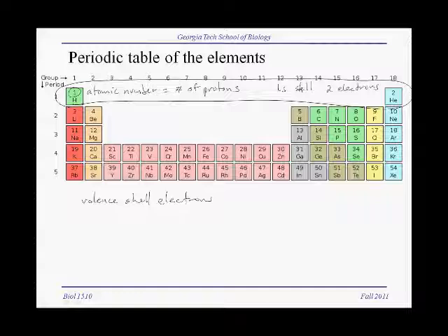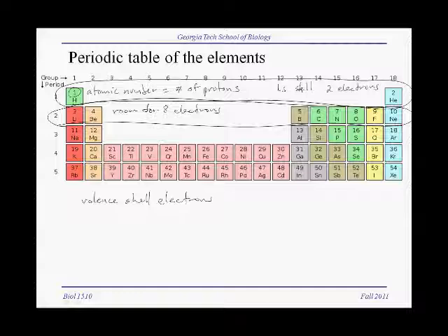And the second energy level of electrons in this row has room for 8 electrons at this energy level. So lithium has 2 electrons in the innermost energy level and fills that innermost energy level, and then has 1 electron in the outermost energy level.